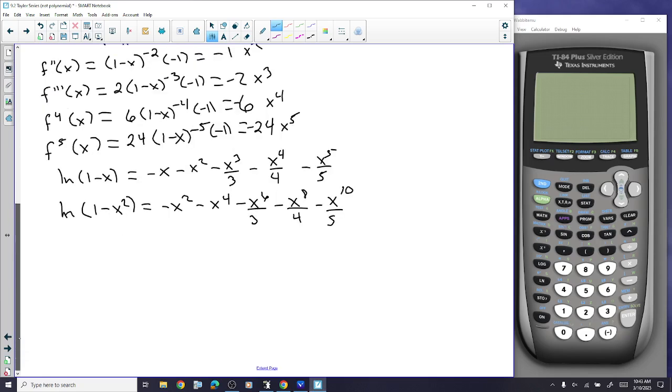And the last part is multiplying all that by x. Negative x to the third, x to the fifth, x to the seventh, x to the ninth, x to the 11th.